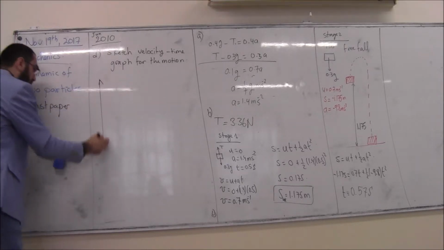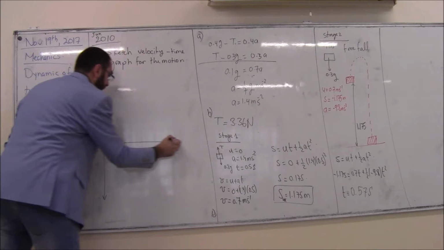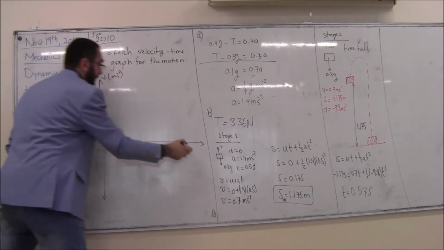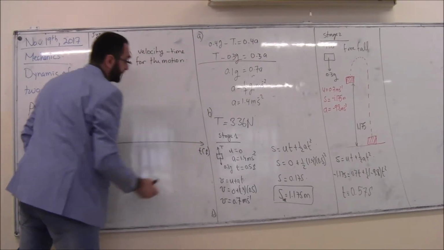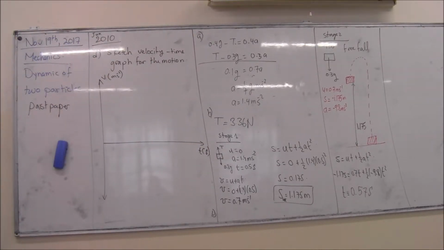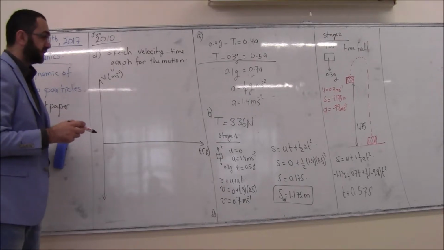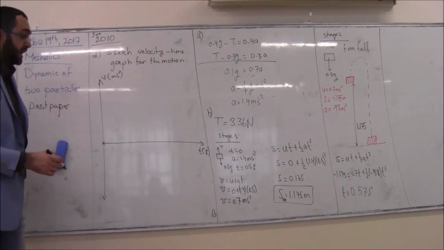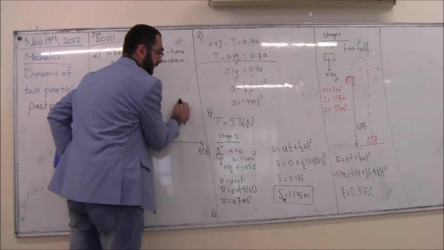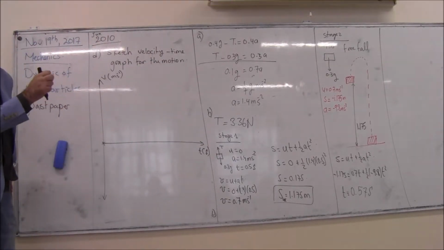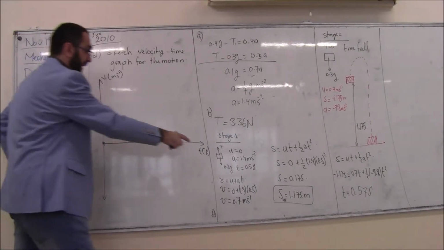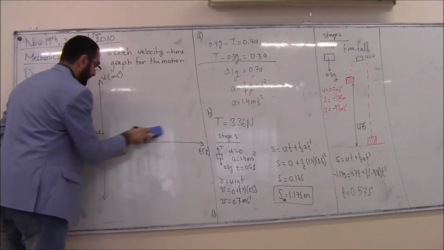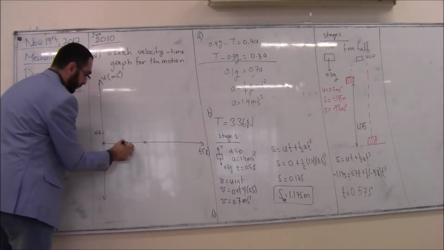So let's draw velocity in meters per second against time in seconds. The initial speed was 0. After 0.5 seconds, the velocity is 0.7.